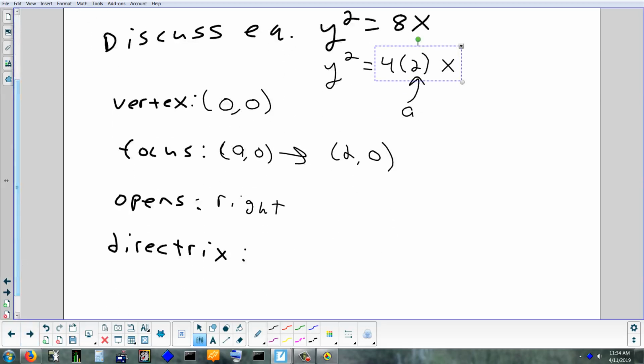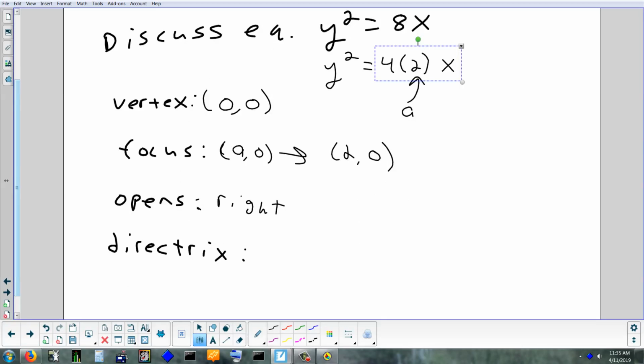And what's the formula for the directrix? What else? We got to write a whole equation. X equals negative a. There's two types of equations: x equals and y equals. X equals is vertical. Y equals is horizontal.